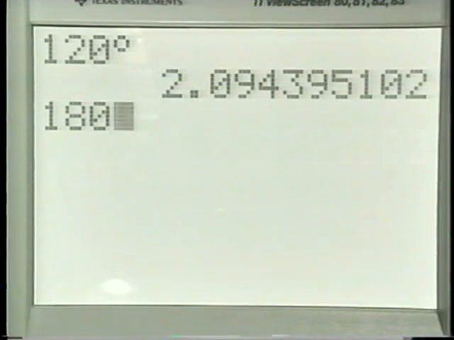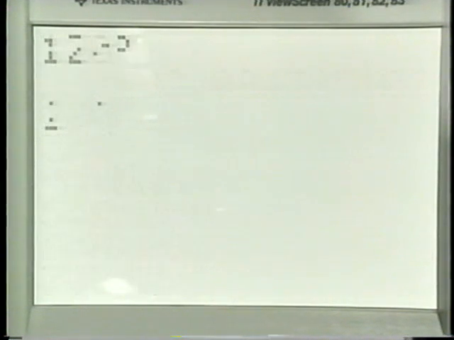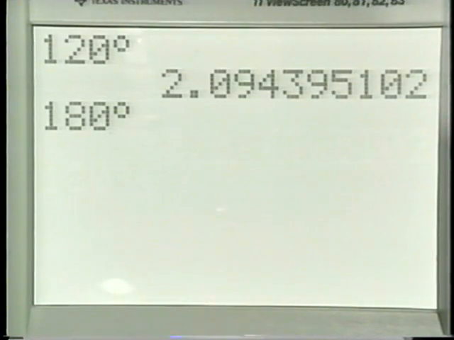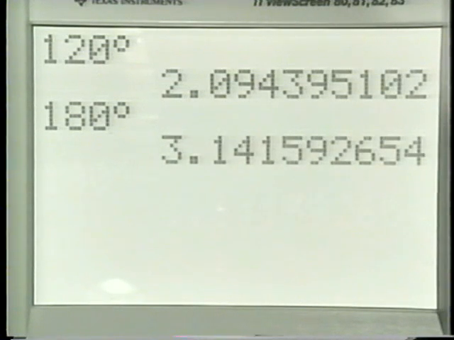Second angle degrees. Now, we know what 180 degrees is. Well, I hope we do in radian measure. It's 1 pi. Am I going to get 1 pi? Well, believe it or not, what you're seeing there is 1 pi. That's what 3.1415 doesn't print out. It's going to print out a decimal approximation of that. So that's what 180 degrees is, 1 pi.